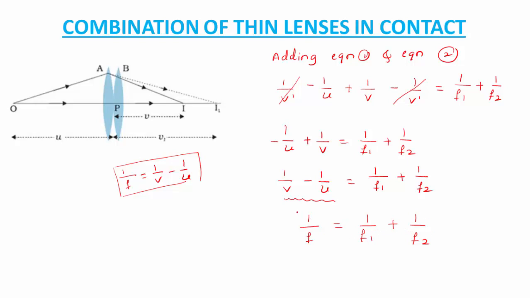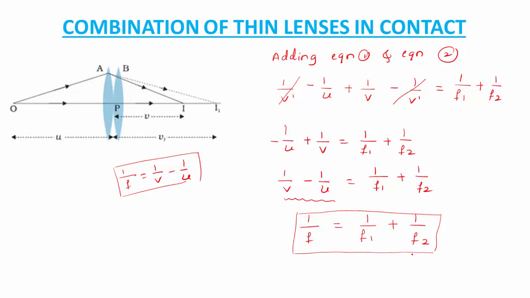From this equation, we came to know that instead of using two lenses in contact, we can use a single lens which produces the same effect. So here we used two lenses, and the equation is 1 by f equal to 1 by f1 plus 1 by f2.